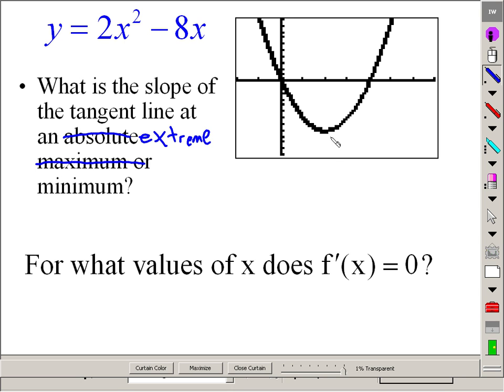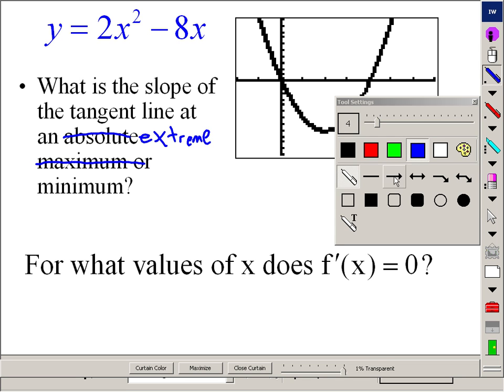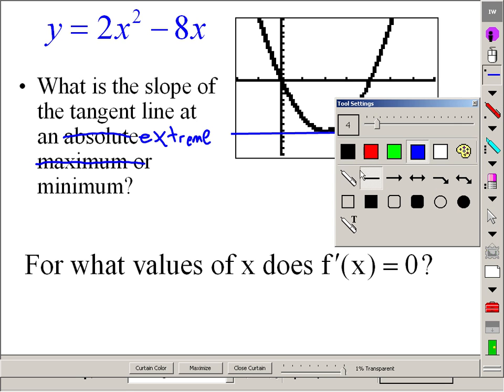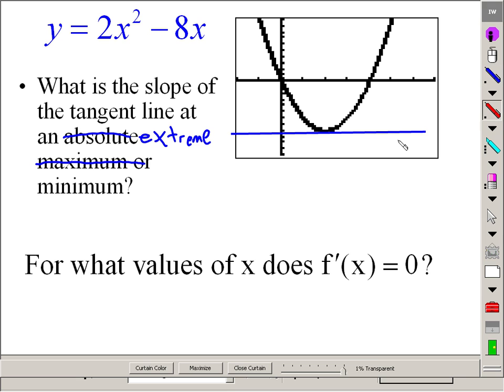And what I'm curious about is what's the slope here? Well, we can kind of write in a line a little bit, and it'll look kind of like that. Let's see if we can fix that up a little bit. We can make that a little bit more like that. That looks better. So that's kind of what our line looks like. And what we can tell here is that line has an m of 0.